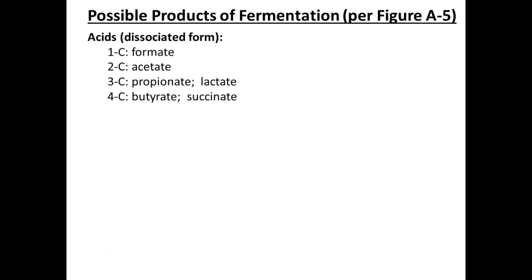So, possible products of fermentation. It's going to depend on the organism and the environment they're in, and what type of sugar you give them. But they can produce, and the number stands for how many carbons are in these molecules, a 1-carbon acid known as formate, or a 2-carbon acid known as acetate, or acetic acid.